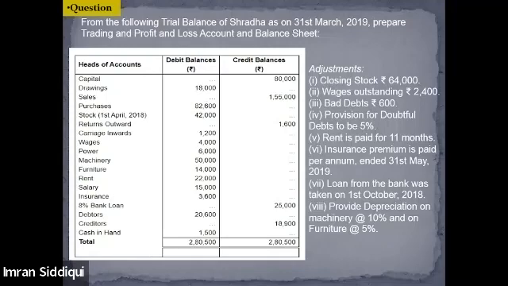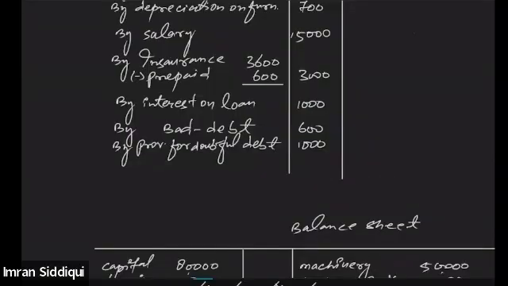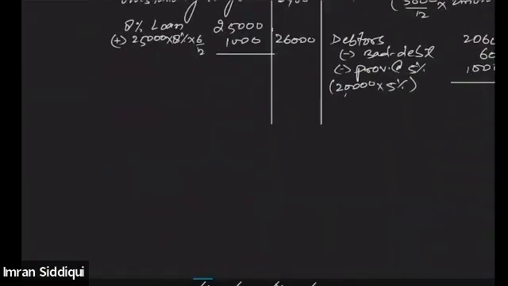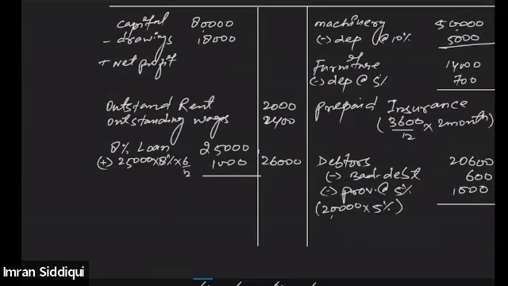All right, so I think we have covered all the adjustment entries more or less. Only one adjustment is still remaining, which is closing stock. We'll talk about that. But anyways, we have a few more items left on the trial balance, given as cash in hand and creditors as well. So creditor, as all of you know, is a liability, and needs to be recorded on the liability side of the balance sheet. Creditors, $18,900.